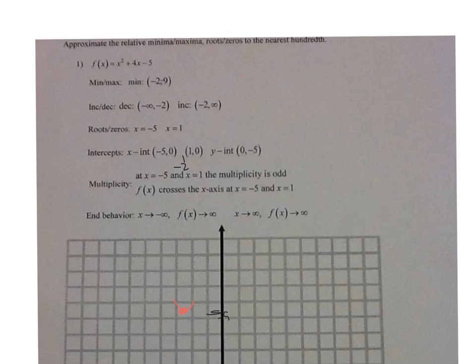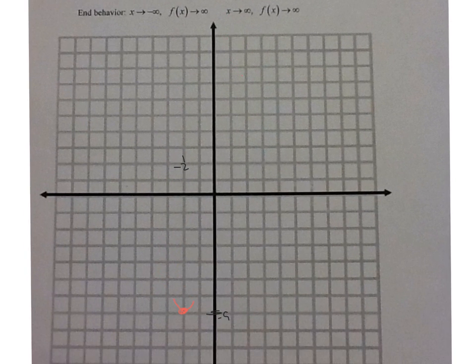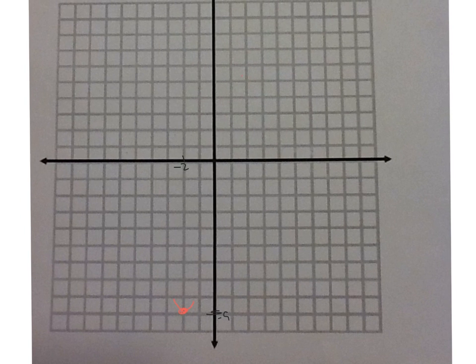All right, I also have these x intercepts, and my y-intercept at 0, -5. All right, so I'm going to plot those next. So let me put this back here. All right, so I have roots at -5 and 1. So here and here, those are my roots.